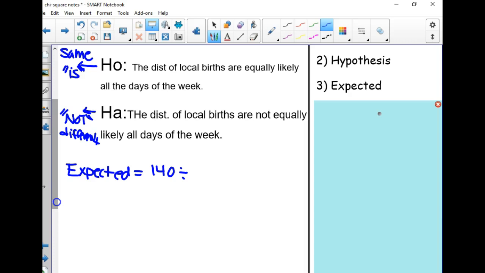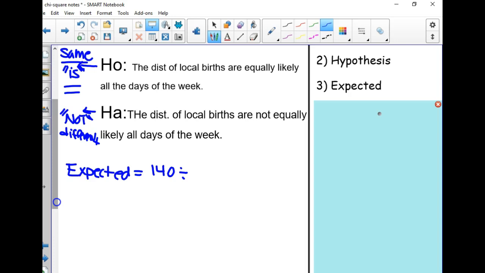Yep, so H-naught is always like an is statement, or it's a question, or it's a statement about two distributions being the same. One or the other. And there's question number 4, it's about being the same in your homework. And then H-A is always a not statement, or it's a statement about two distributions not being the same, different. Okay?